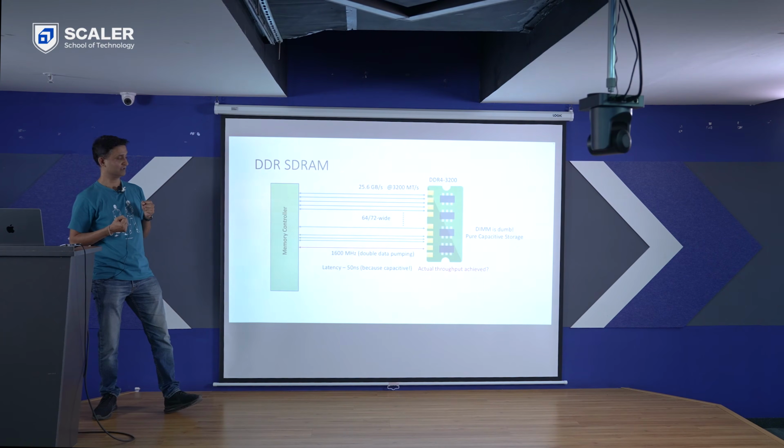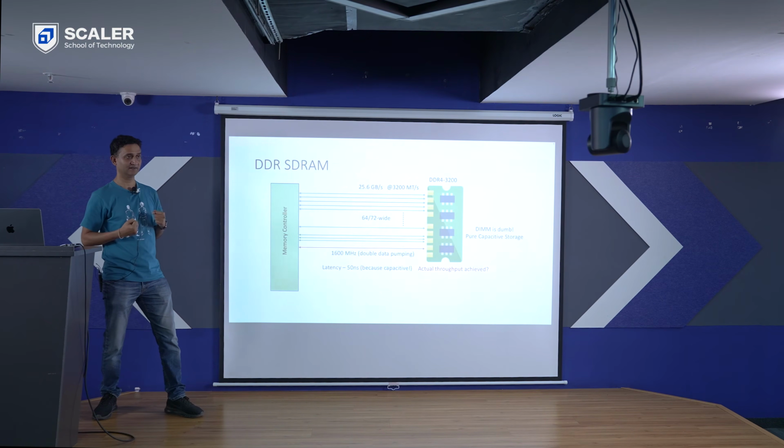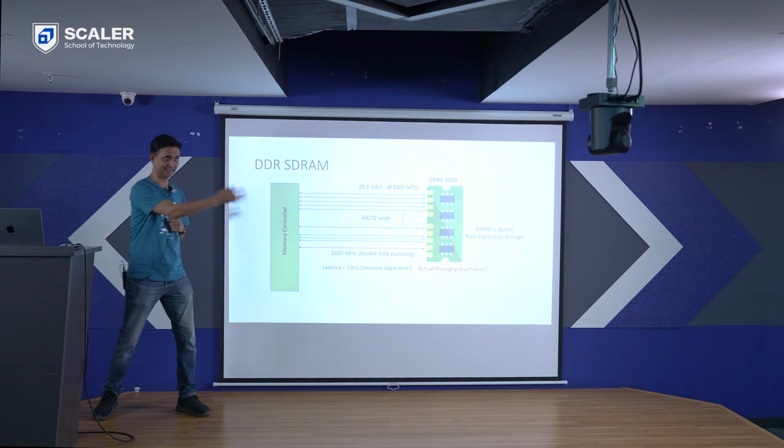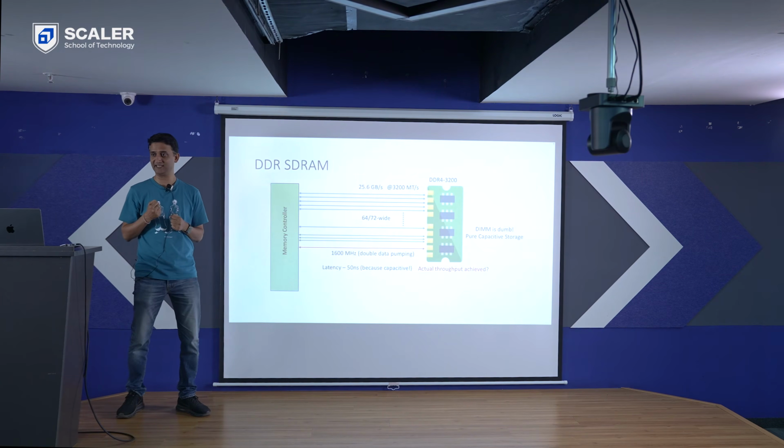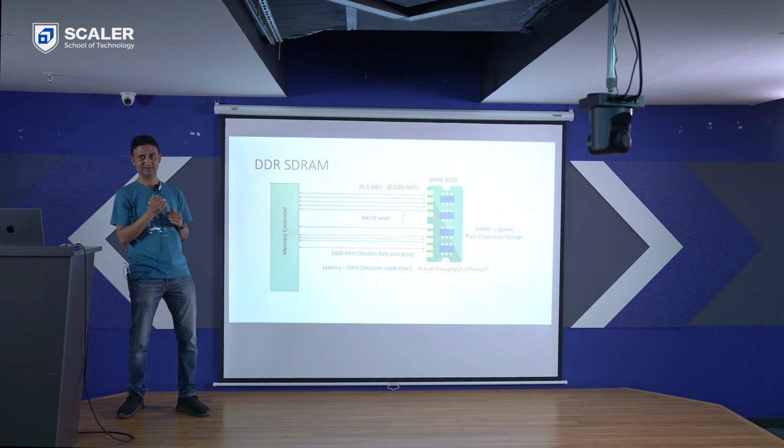Okay. So which means in 100 nanosecond, so I got the byte, then I sent the next request. In 100 nanosecond, I got 16 bytes, right? So in 1000 nanosecond, I got 160, right? So which means in 1 microsecond, I got 160 bytes.